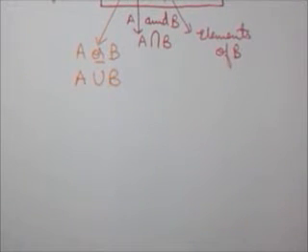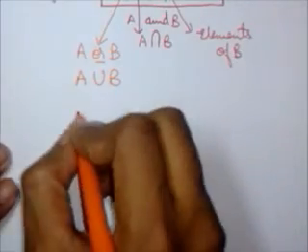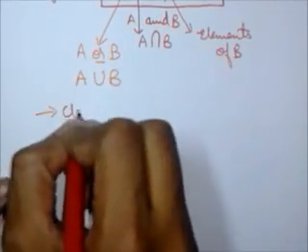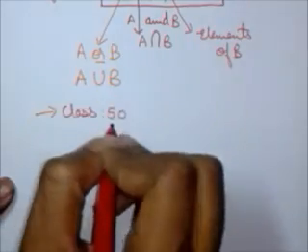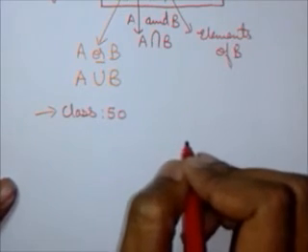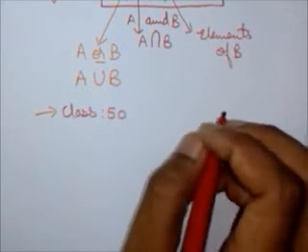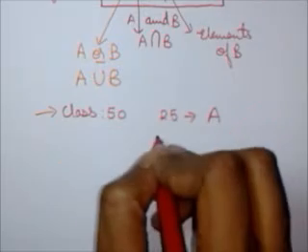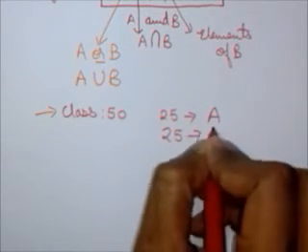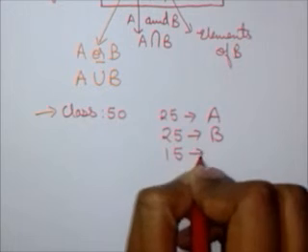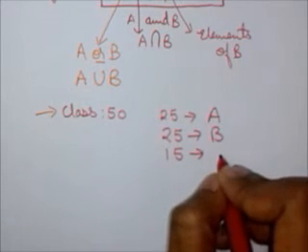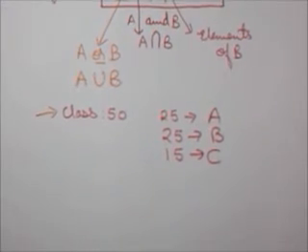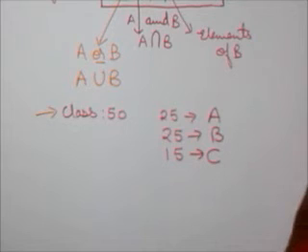Let us consider a class of 50 students in which 25 opted for course A, 25 opted for course B, and 15 opted for neither course A nor B. Let this be represented by the set C. These are all sets.